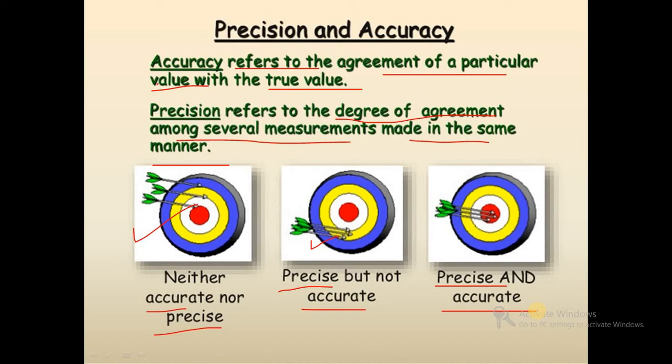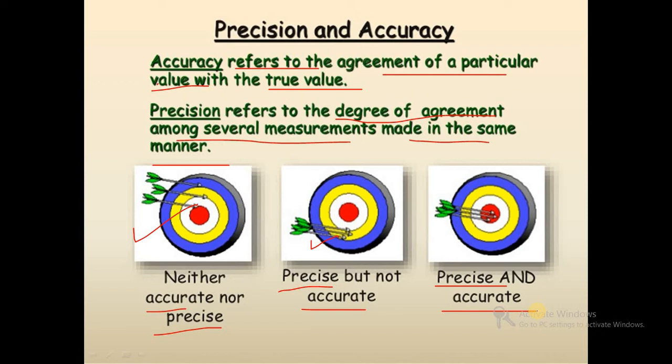But in the second one, the points occur very close to each other, so they are precise but not accurate. In the third diagram the results are very accurate, so they are called precise and also accurate.